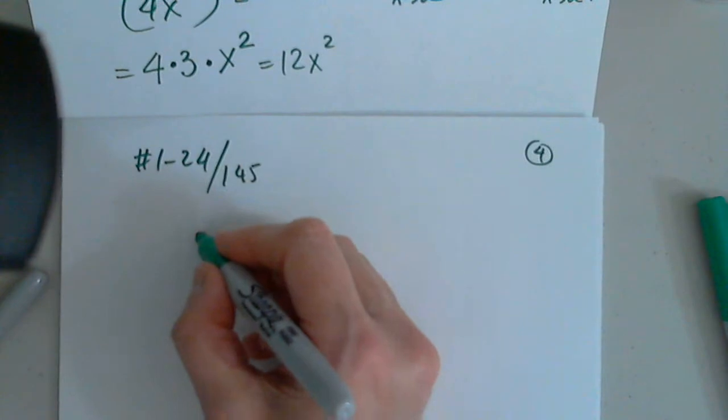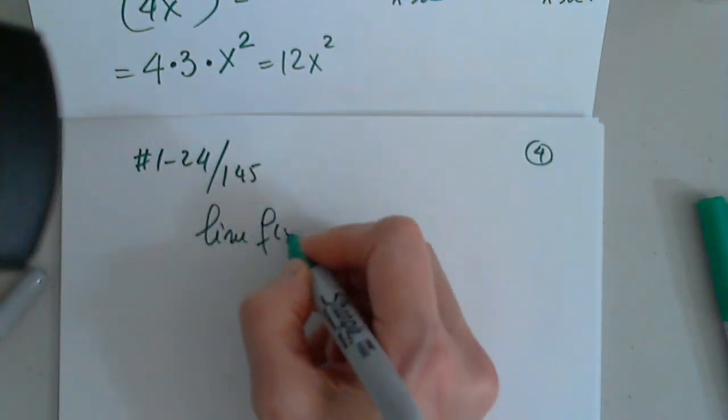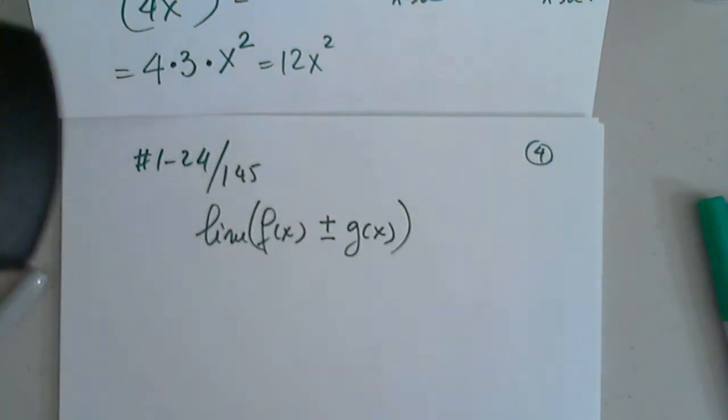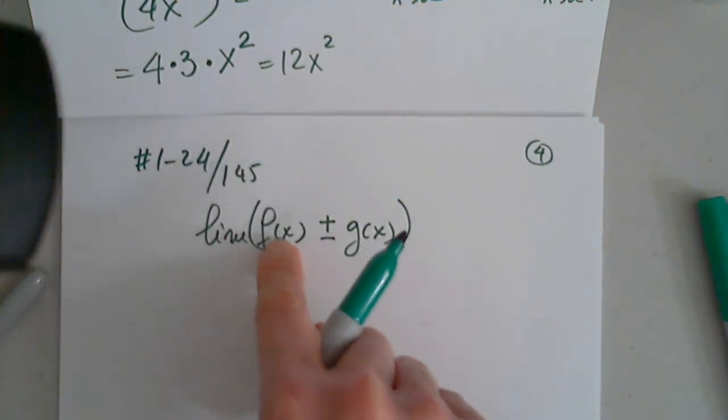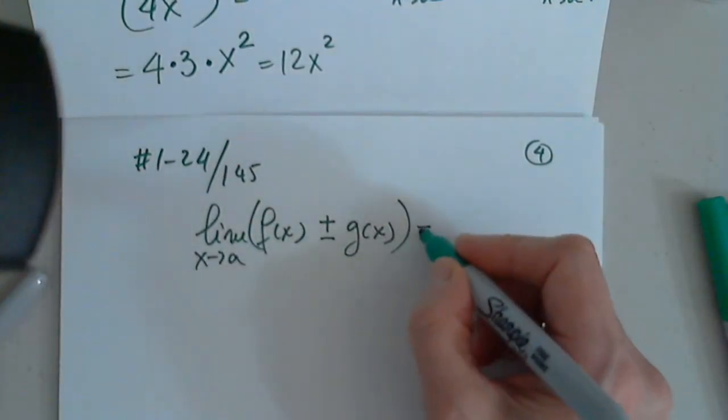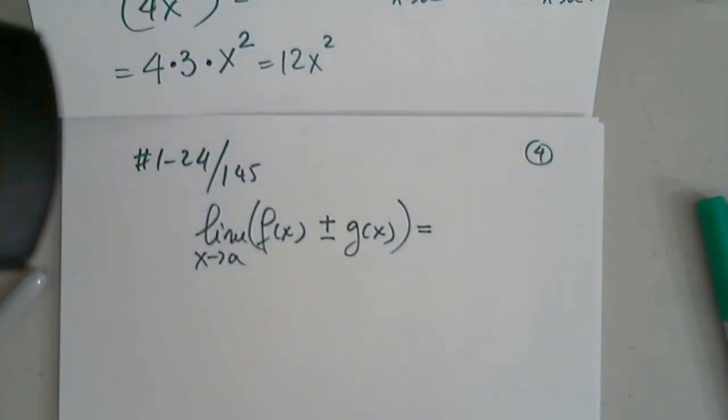Do you remember when we said that the limit of f of x plus or minus g of x, under certain conditions, f and g have a limit as x approaches a? What did we say this was equal to? Anyone remembers the rule? Rita, do you remember the rule? Because I remember you asked me about that.